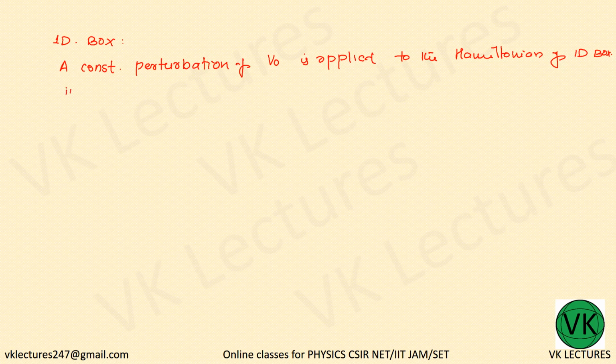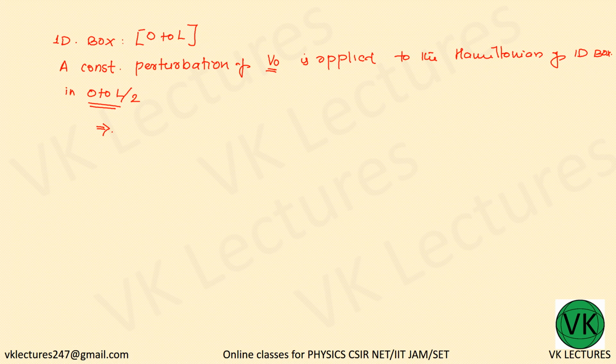The one dimensional box is 0 to L, and V naught is applied from 0 to L by 2. So if V naught is applied from 0 to L by 2, we have to consider the probability from 0 to L by 2 itself. The 1D box is from length 0 to L, and the constant perturbation is applied from 0 to L by 2.